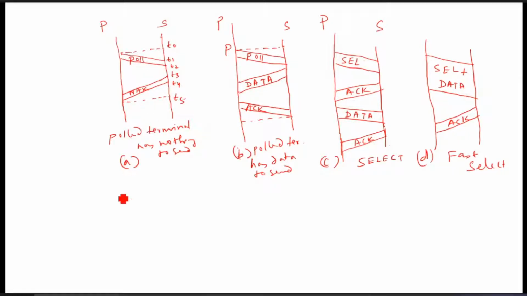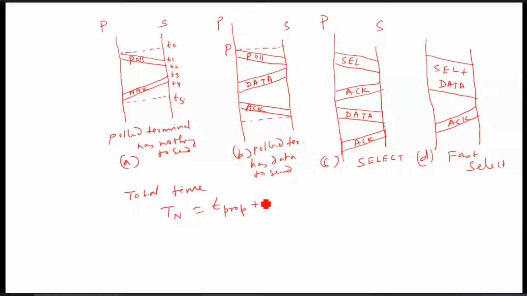The total time for this complete process, poll, acknowledgement and receive, is Tn, carefully note it, T propagation. That is the time taken by the poll message to travel from the primary to the secondary.